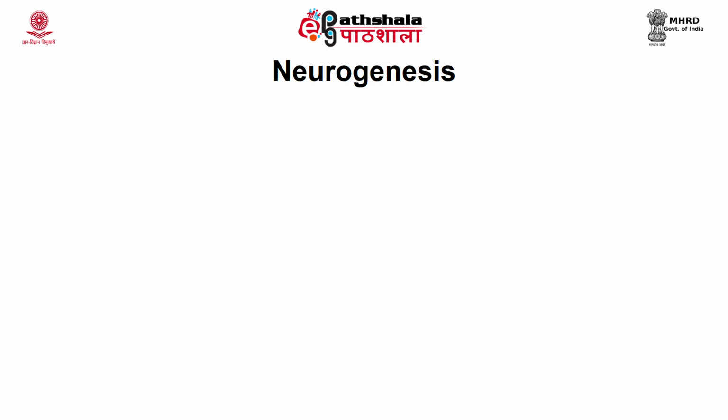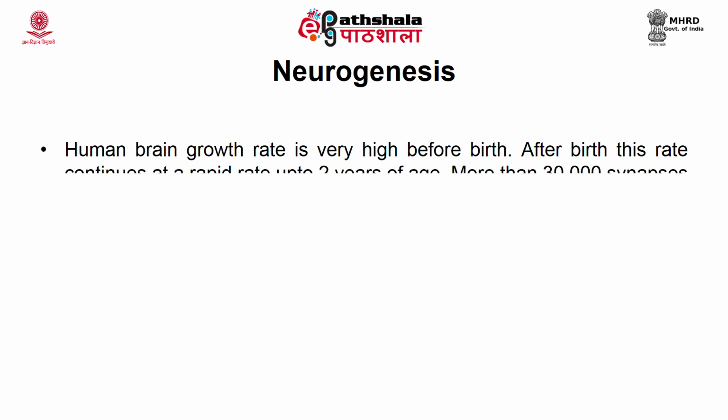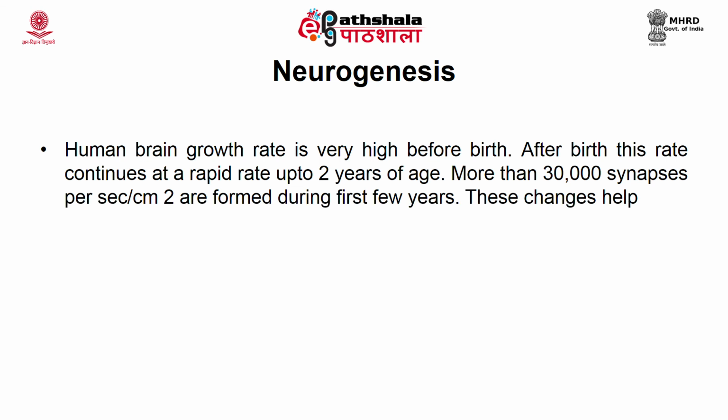So, the human brain grows at a very high rate. After birth, this rate continues at a very rapid pace up to 2 years of age. More than 30,000 synapses are formed during the first few years.